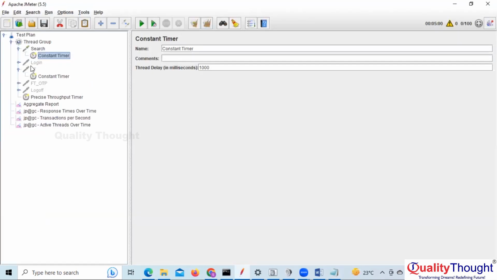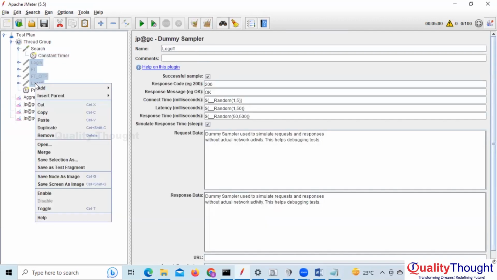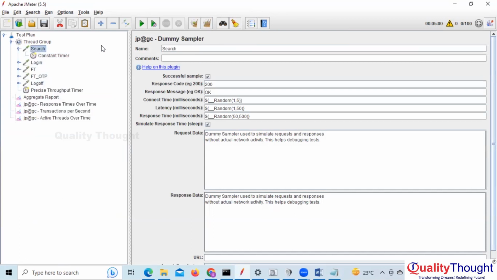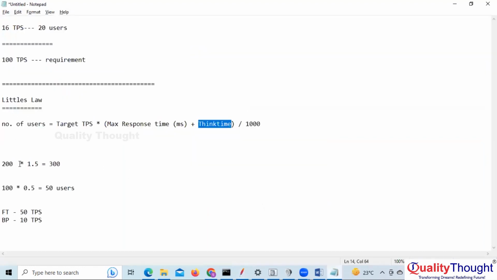So you should include think time while you are calculating this. Now enable this particular scenario and launch it. And now how do you calculate this? In order to achieve 100 TPS, you need to include think time also, right? So 100 into 500 plus, again the same, 100 into 1.5, right?